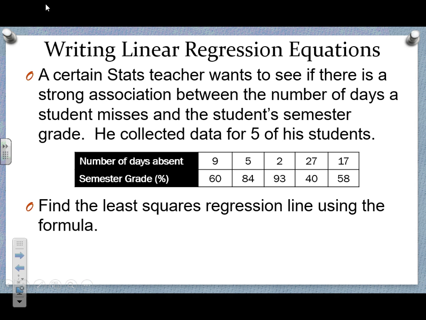And again, you have to make sure you have those in the correct order. Explanatory and response. Before we could flip them back and forth with correlation, we cannot do that with regression. Get those numbers in real quick.